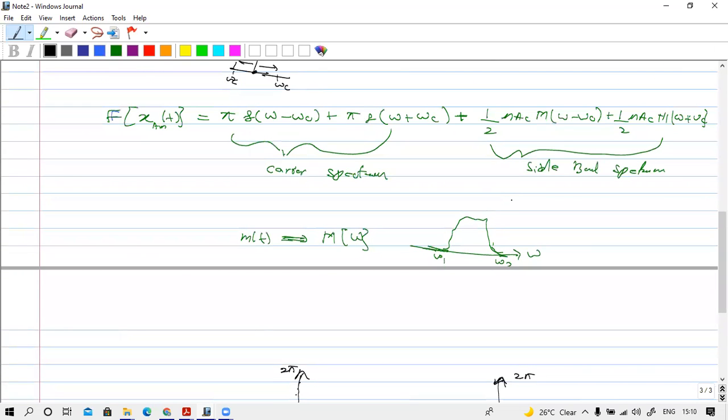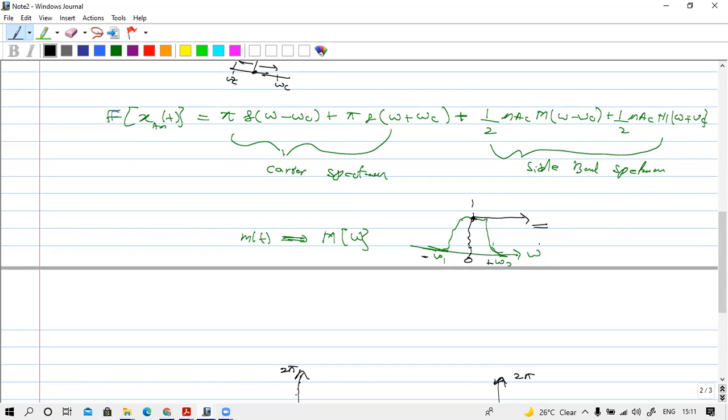Okay, and if we consider this spectrum, what happened? You can see that if it is omega 1, omega 2, say this is the zero line, this is minus and this is plus omega 2. Omega minus omega c means this total signal shifts this way by omega c.